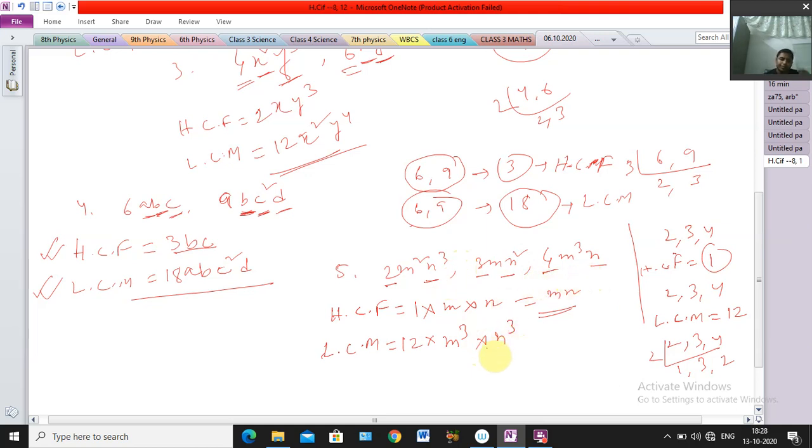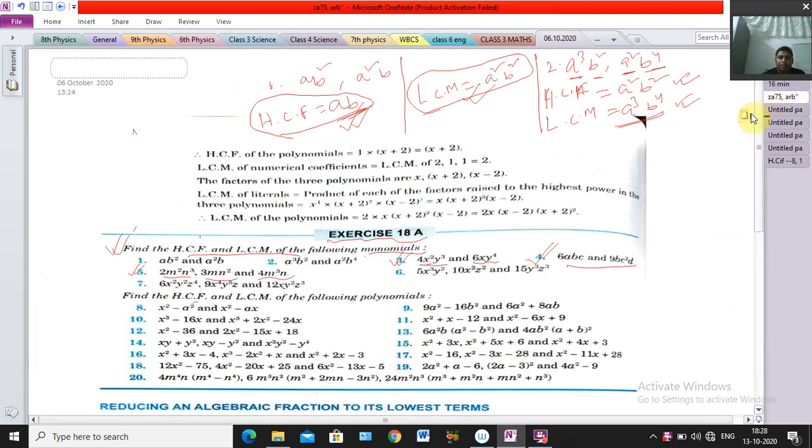After the multiplication, we get 12 m cube n cube. That is the LCM, and that is the answer also. Clear everyone? Okay.